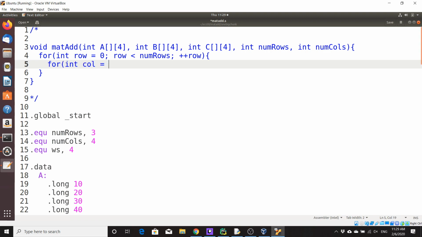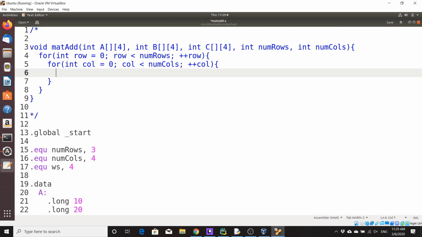For int col is equal to 0, col is less than num cols, plus plus col. Right? All we have to translate is these 3 lines of code. Shouldn't be too bad, right?